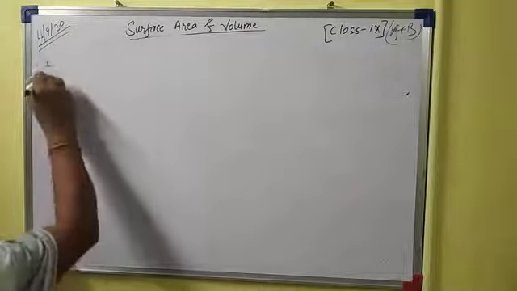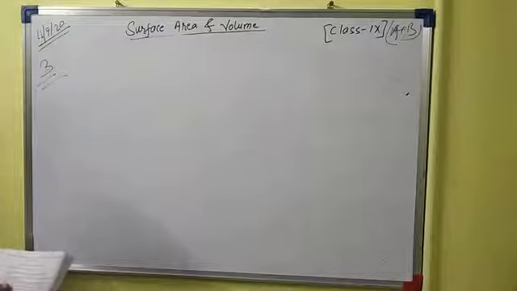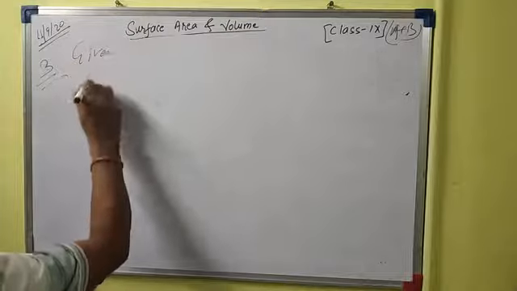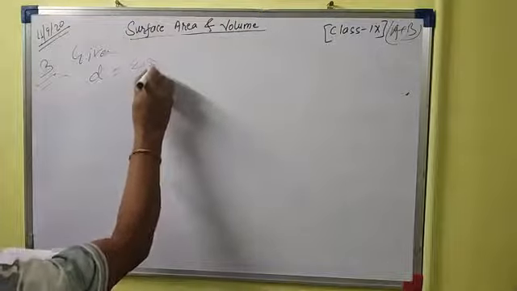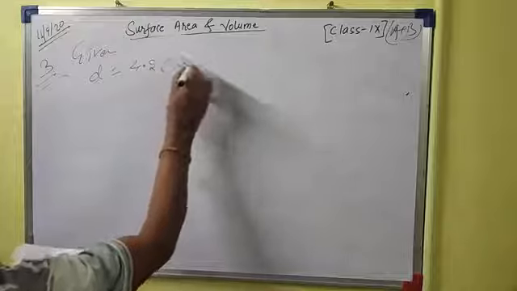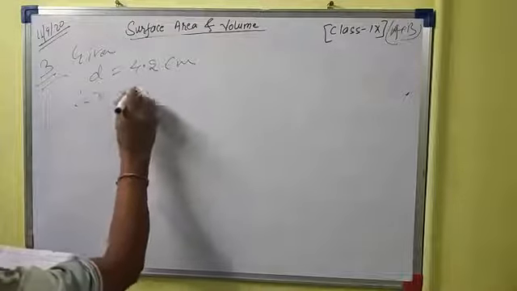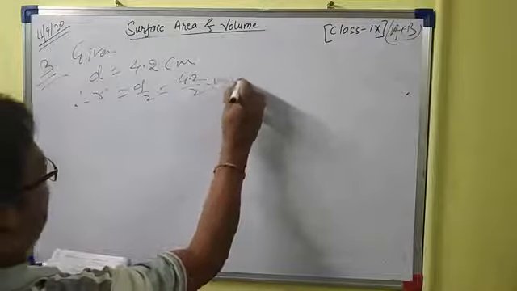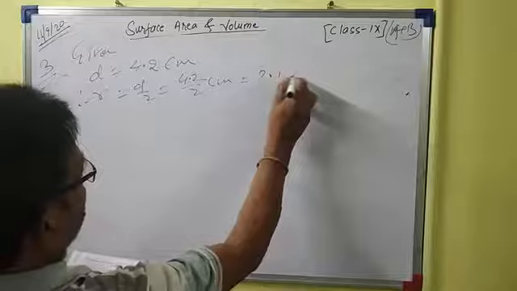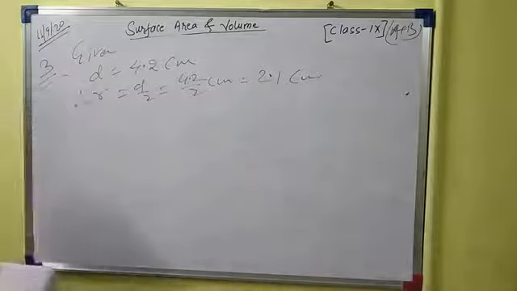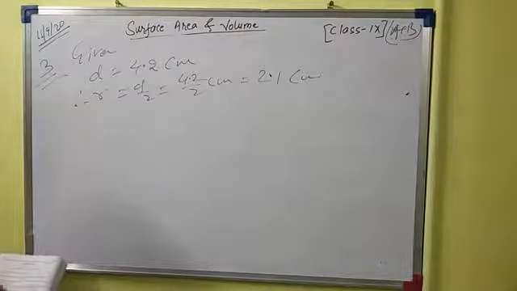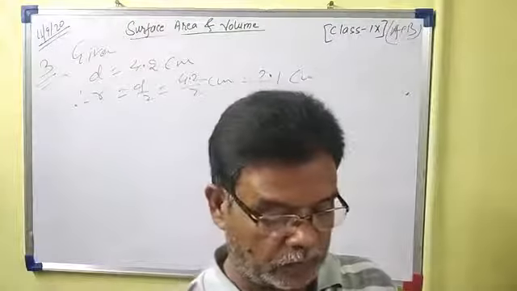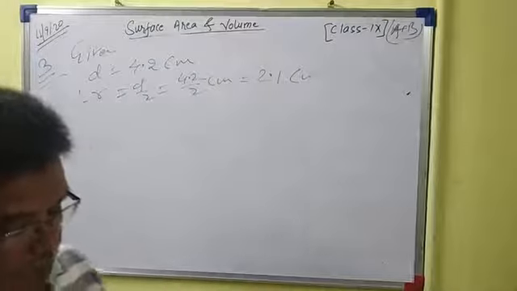Question number 3. The diameter of a metallic ball is 4.2 cm. Given D equal to 4.2 cm, r is equal to D by 2, 4.2 by 2 cm equal to 2.1 cm. What is the mass of the ball if the density of metal is 8.9 gram per cm cube?